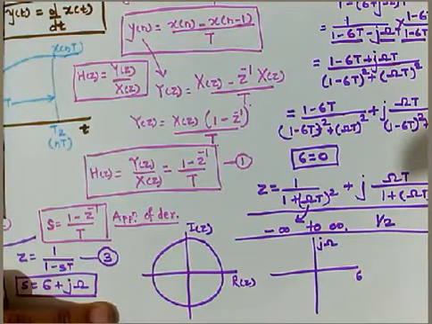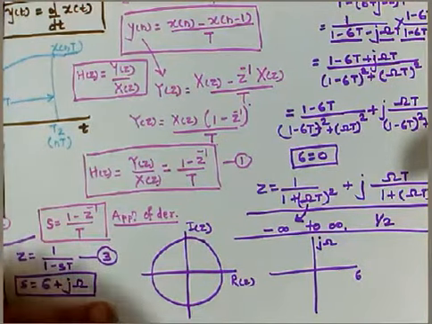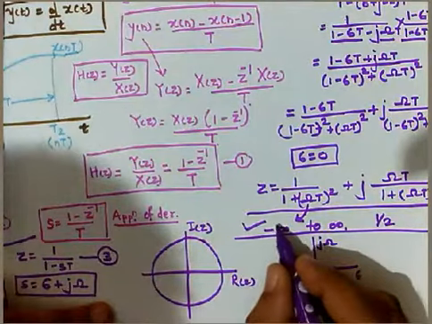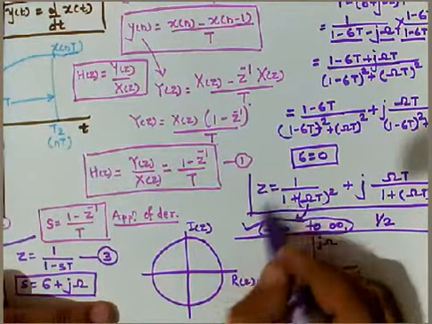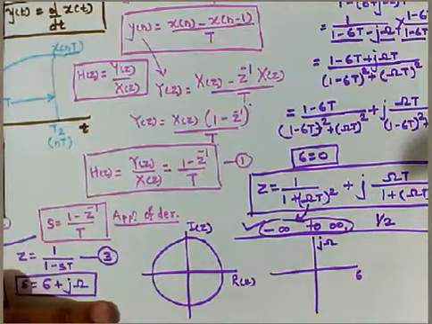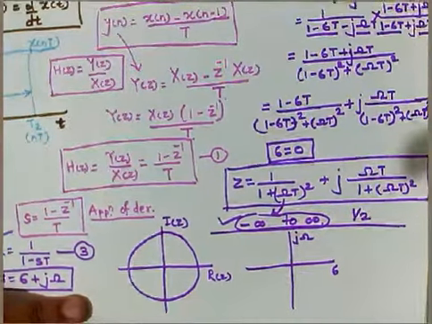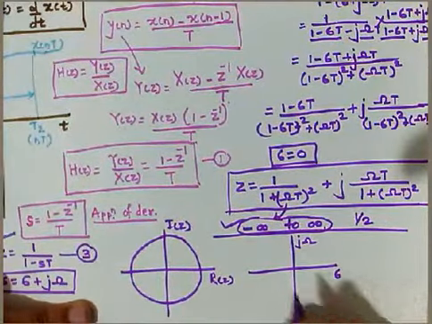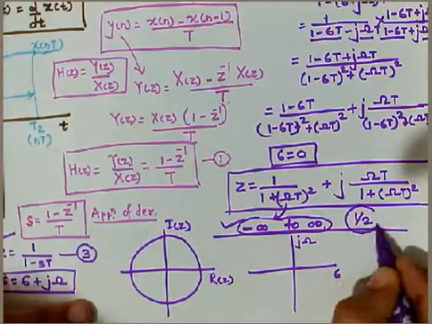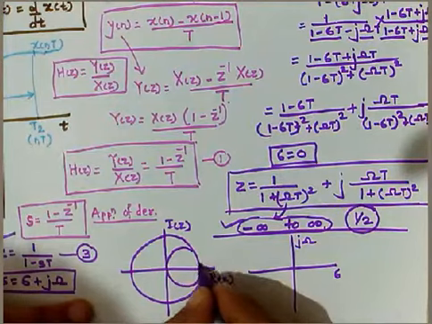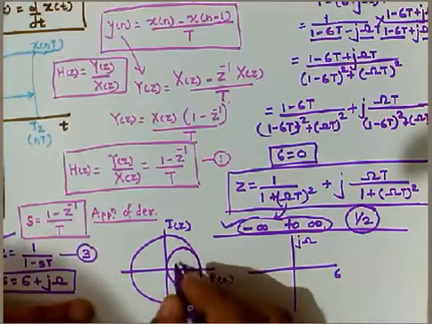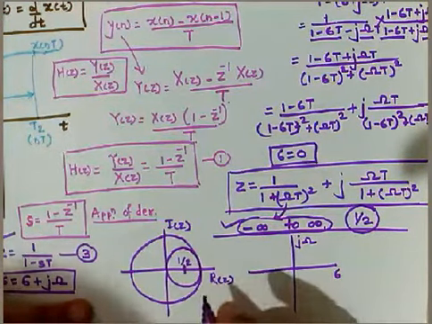Now this is the satisfaction of the equation which we just derived. For this equation, I need to draw here the circle of radius 1 by 2. So obviously this is the circle with radius 1 by 2.